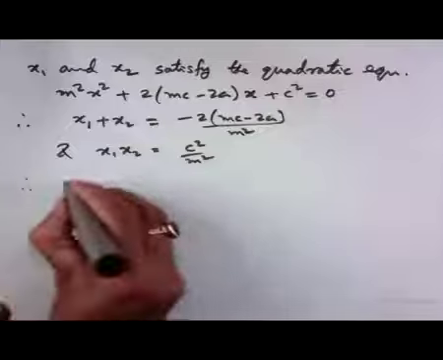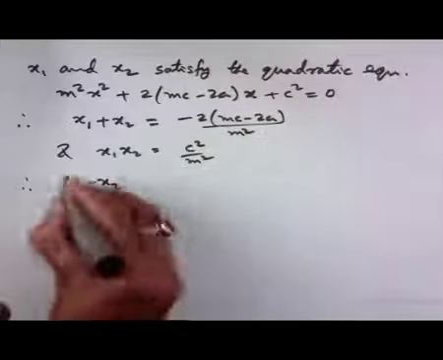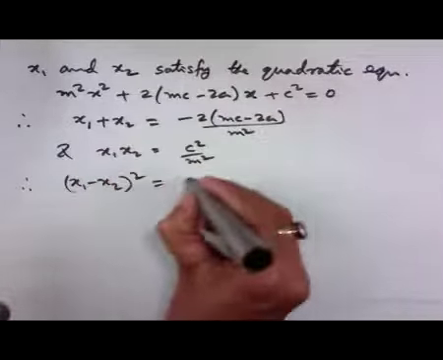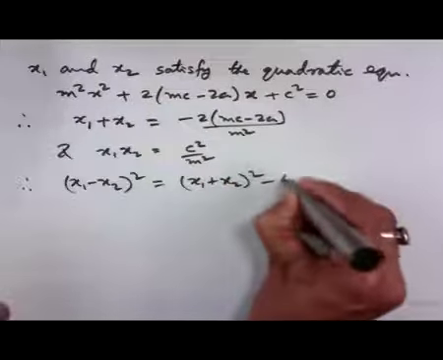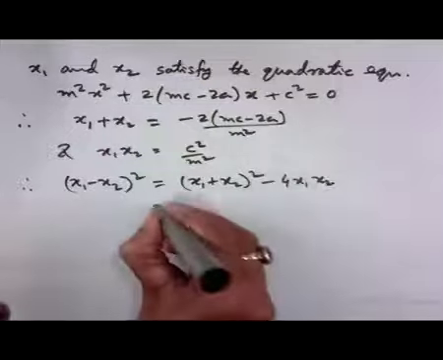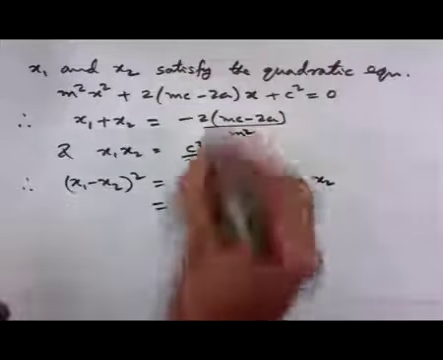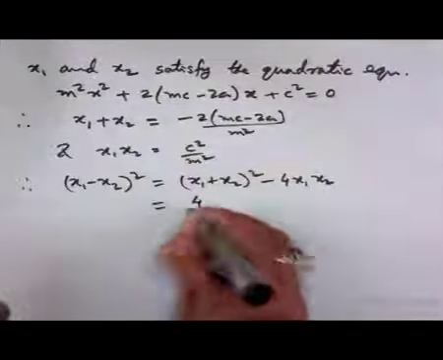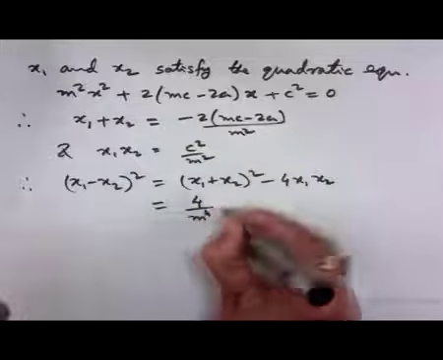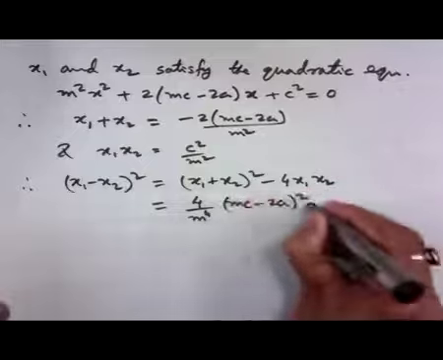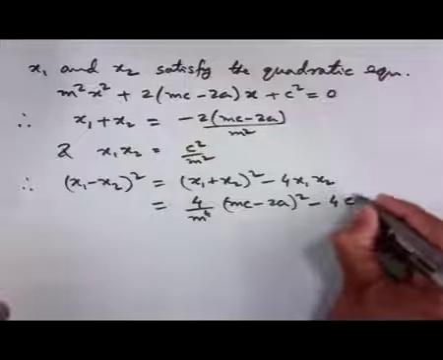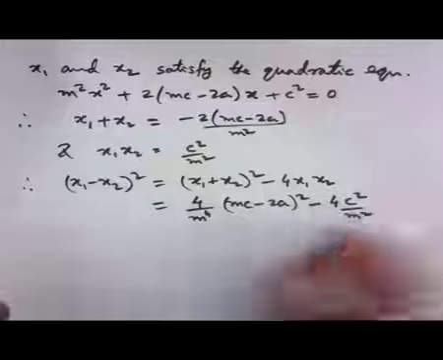So, therefore, (x 1 minus x 2) square will be (x 1 plus x 2) whole square minus 4 x 1 x 2, which is equal to, (x 1 plus x 2) square is 4 by m to the 4 times (m c minus 2 a) whole square, minus 4 times x 1 x 2, which is c square by m square.